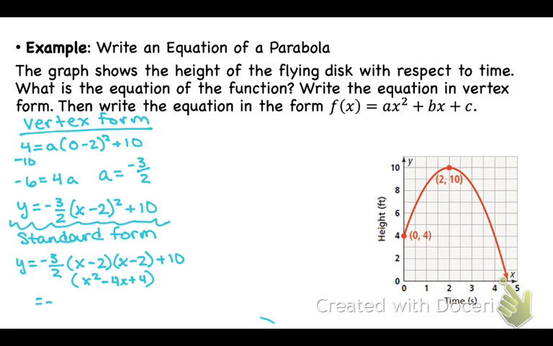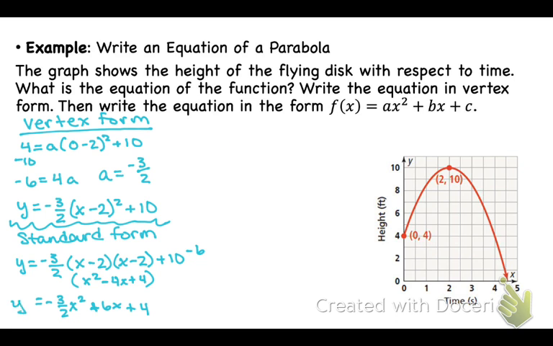So negative 3 halves x squared. Well, 3 halves times 4. 2 goes into 4 twice, and 2 times 3 is 6, so plus 6x. And the next one is going to be minus 6, because the same math happens. Drop the 10 down. It'd be 10 minus 6, which is 4. So this is my standard form.